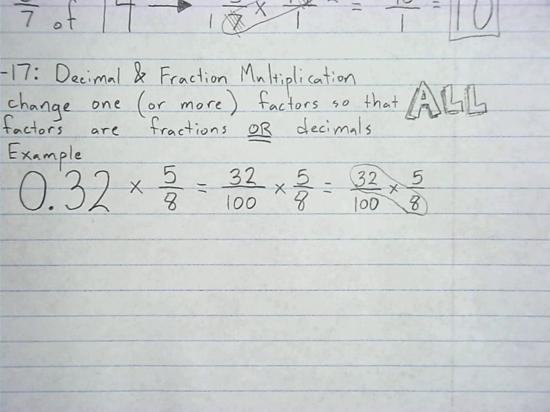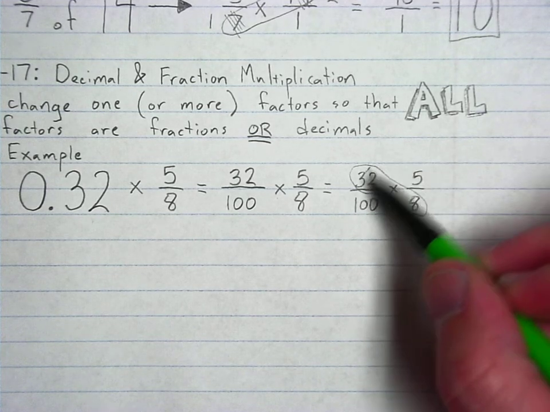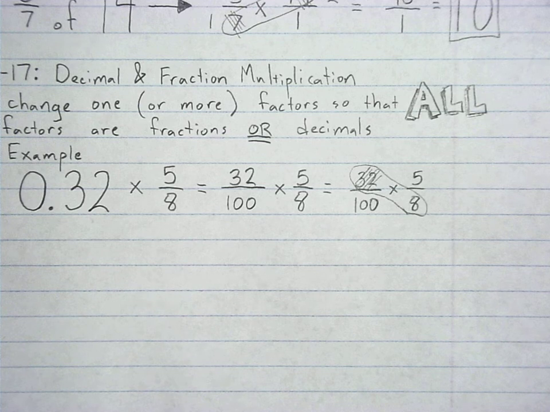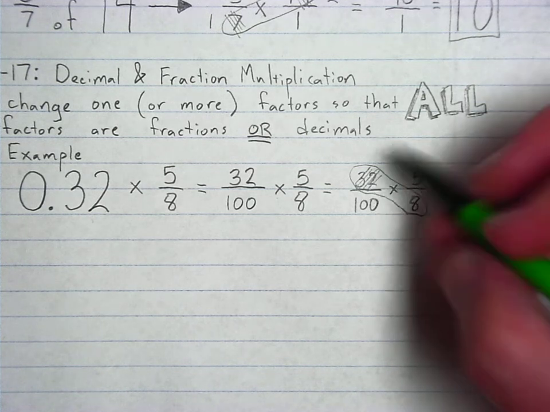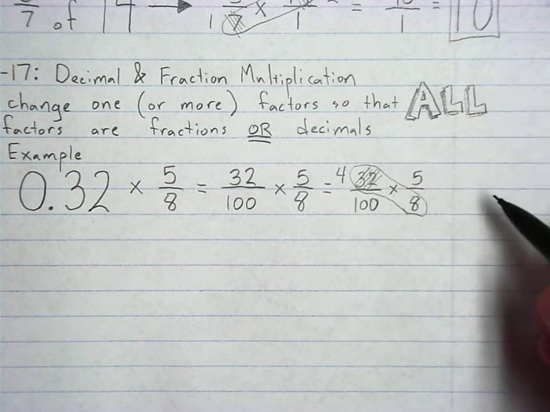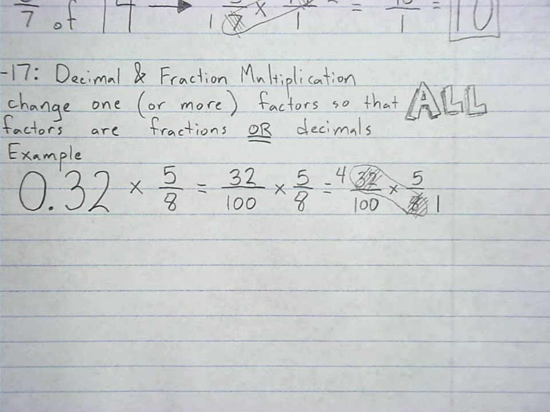I could divide them both by 2, I could divide them both by 4, but really, I can divide them both by 8. I'm going to pick the greatest common factor, the biggest one, because then I'll have to do less canceling. 32 divided by 8 is 4. 8 divided by 8 is 1.